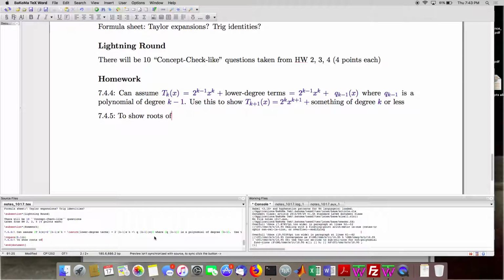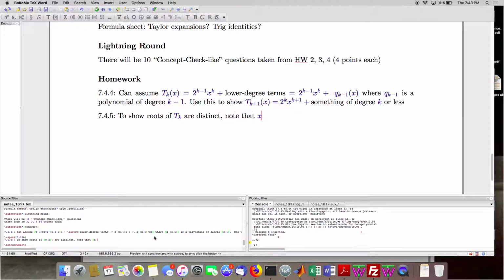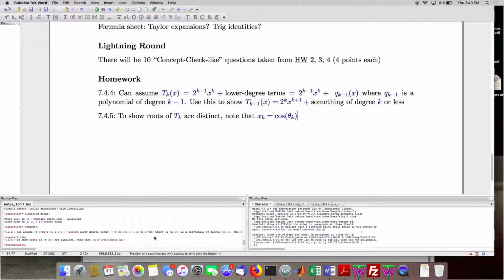note that these points are all cosines of some angle theta_k.